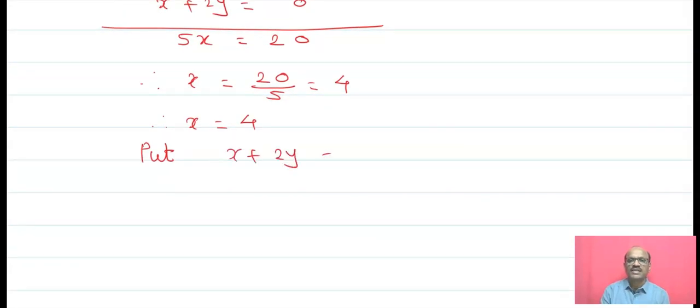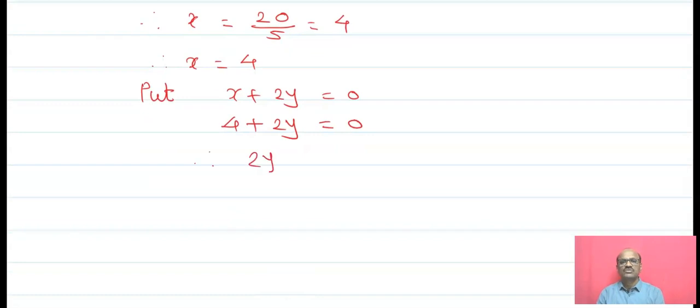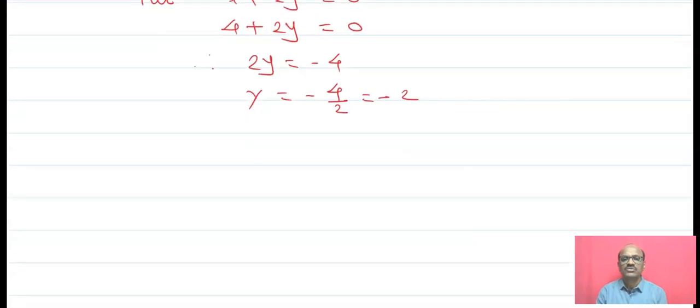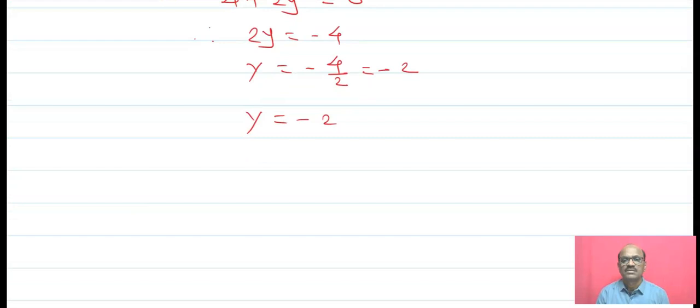Put the value x equals 4 in the equation, that is 4 plus 2y equals 0. Therefore 2y is equal to minus 4 and y is equal to minus 4 upon 2, that is equal to minus 2. Hence x is equal to 4 and y is equal to minus 2.